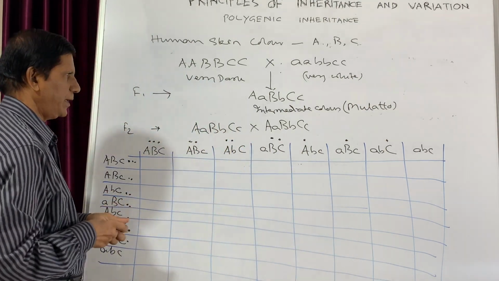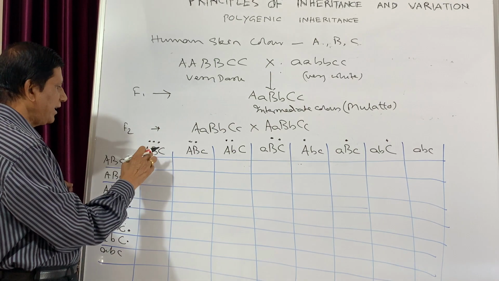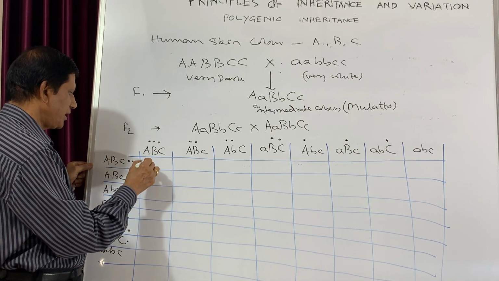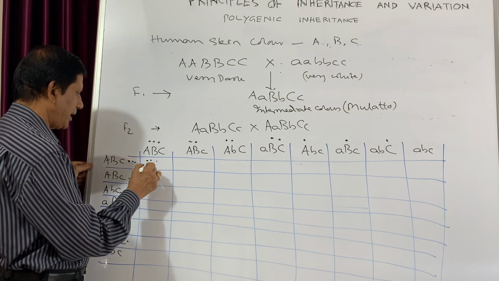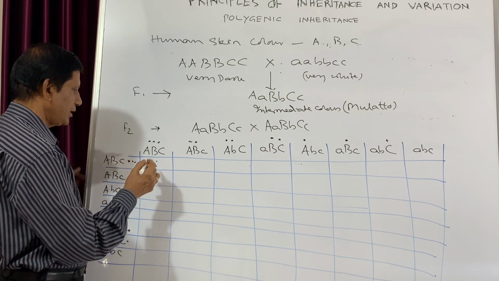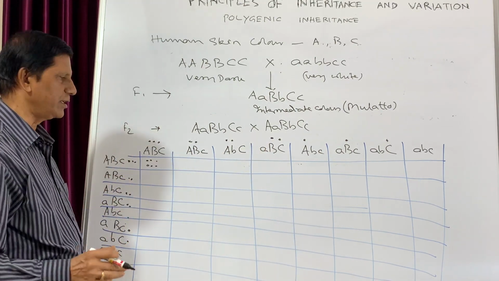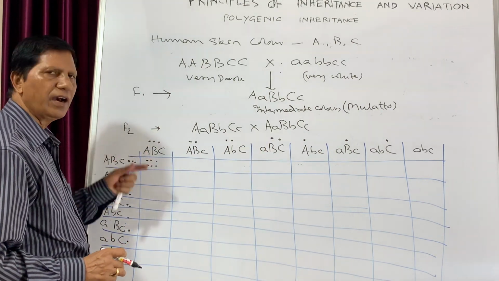So, you see, on this side there are 3 dominant genes, on this side there are 3 dominant genes. That means here there will be 6 dominant genes, and at no other place there will be 6 dominant genes. That means this will be very dark.